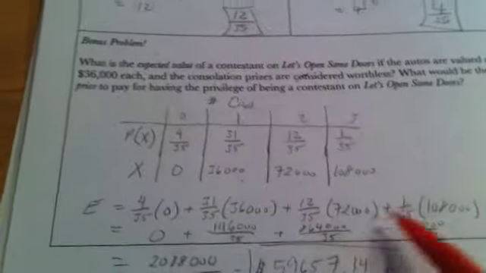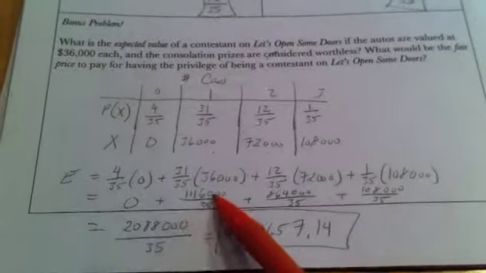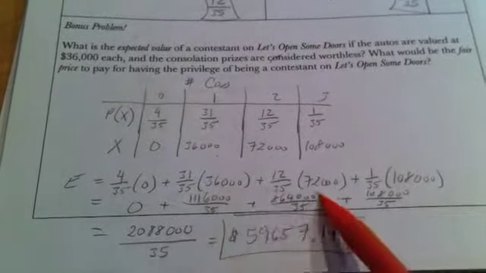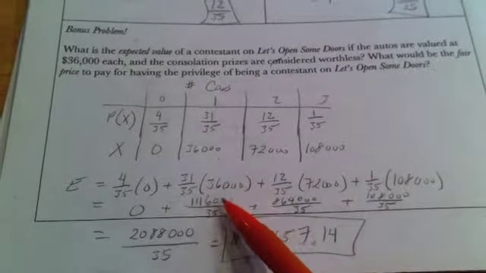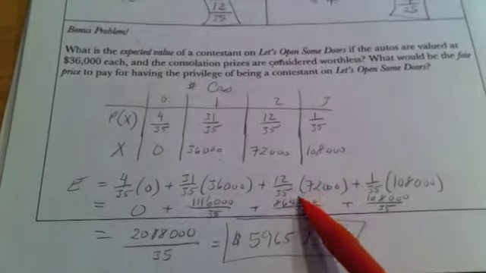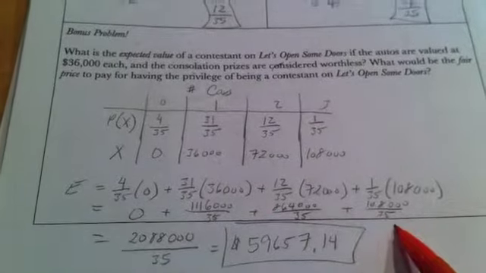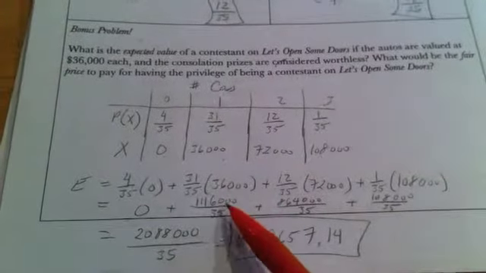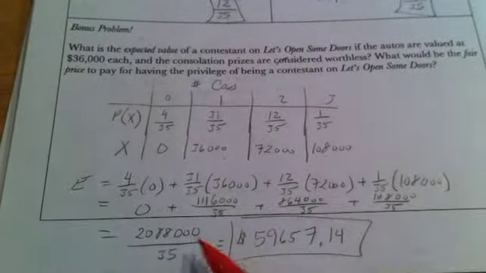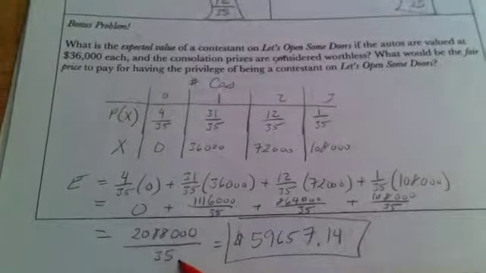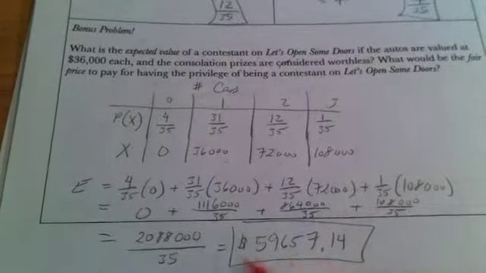So we did that, and I cranked them all out, just multiplied the tops together. So the 31 times that gave me that, 12 times that gave me that. I left the bottoms all the same because they were all 35s, and that allowed me to add all the numerators up. And I divided by 35 to get a final answer of that.